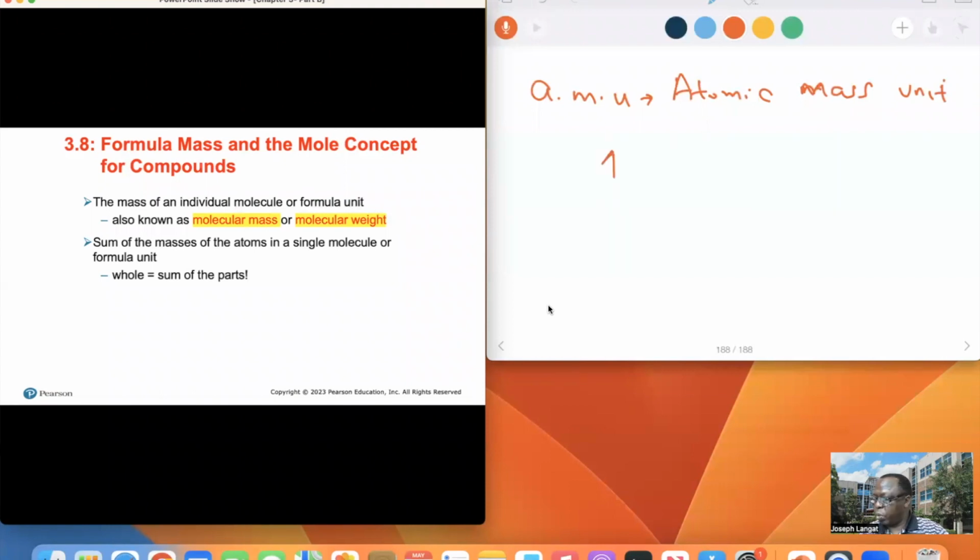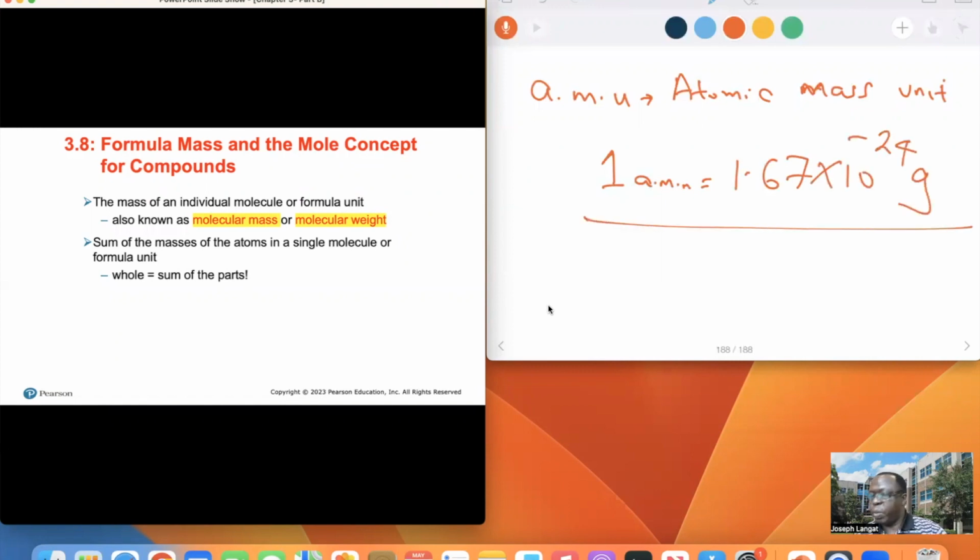To give you an idea of what an AMU stands for, it's 1.67 times 10 raised to negative 24 grams. Maybe you can relate to this since you have used grams in the lab.